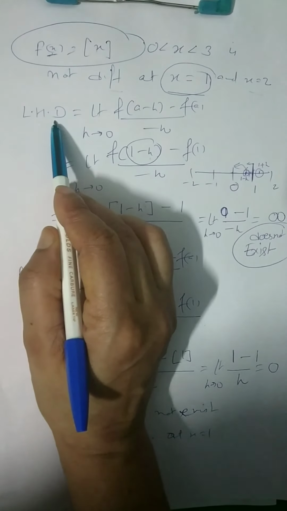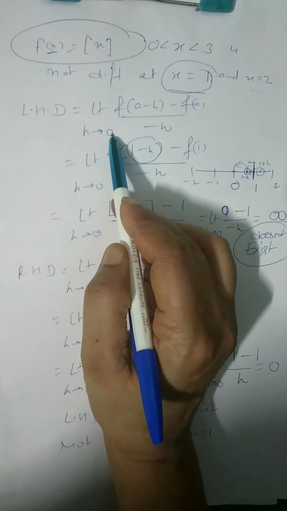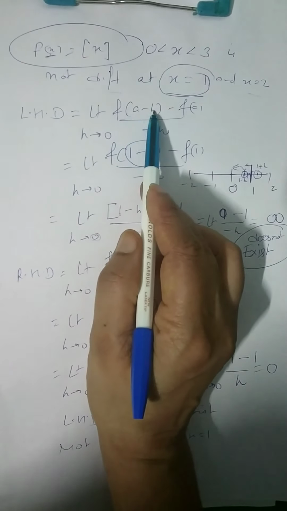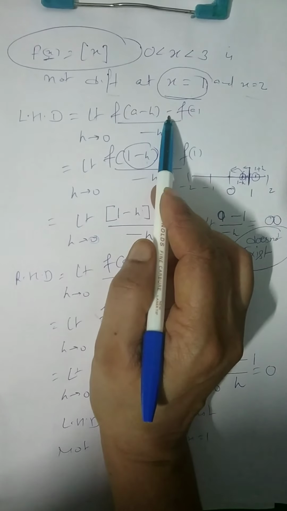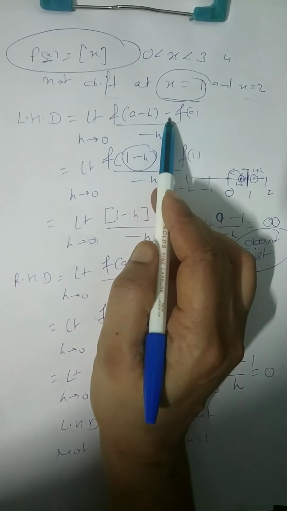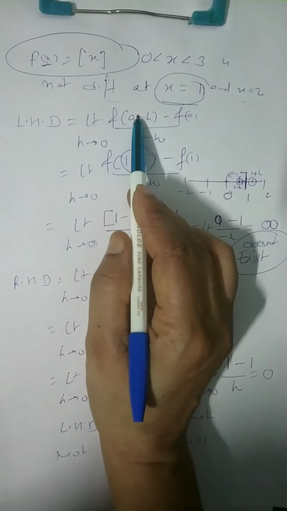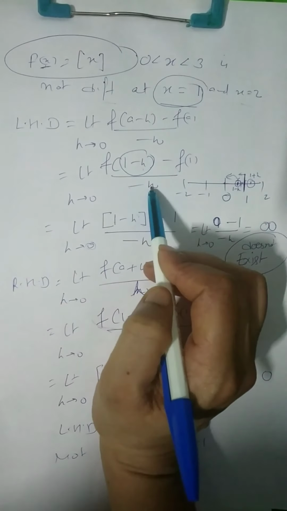For the left hand derivative, as I have already told you the definition, limit h tending to 0 of (f(a - h) - f(a)) / (-h), where a is the point where you have to check the differentiability. Here that point is 1, so we get (f(1 - h) - f(1)) / (-h).